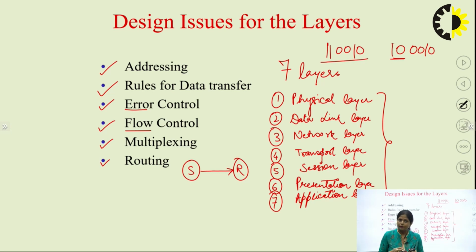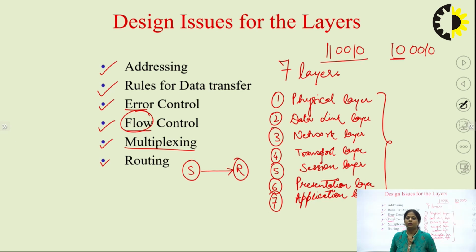Will you be able to receive that data in a systematic manner? Will you be able to access that data in a systematic manner? No, that will not be possible. So, we need flow control over there. Fine. Then we have multiplexing.